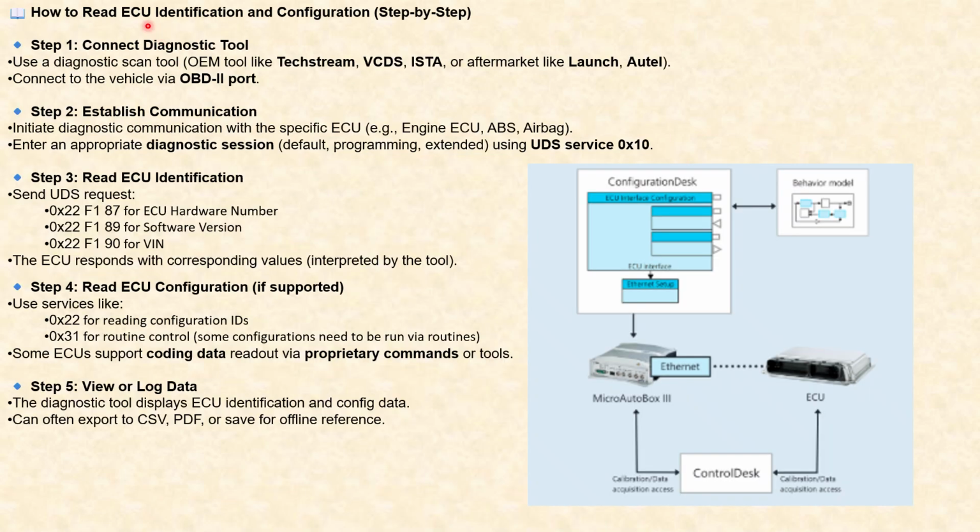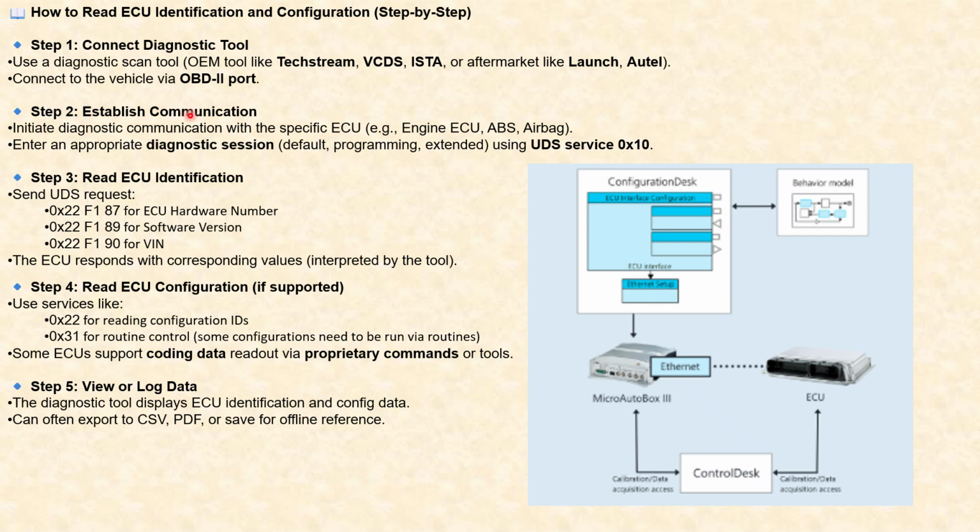Now, how to read ECU identification and configuration step by step. What is the procedure? What are the steps that need to be taken to methodically identify an ECU? First, you connect the diagnostic tool: use a diagnostic scan tool, an OEM tool like TechStream, VCDS or ISTA, or an aftermarket tool like Launch or Autel.